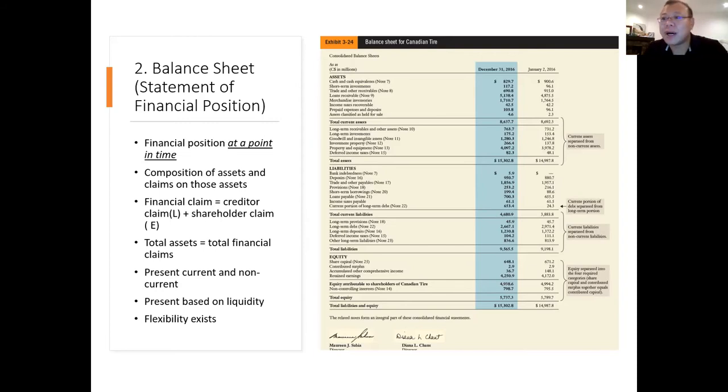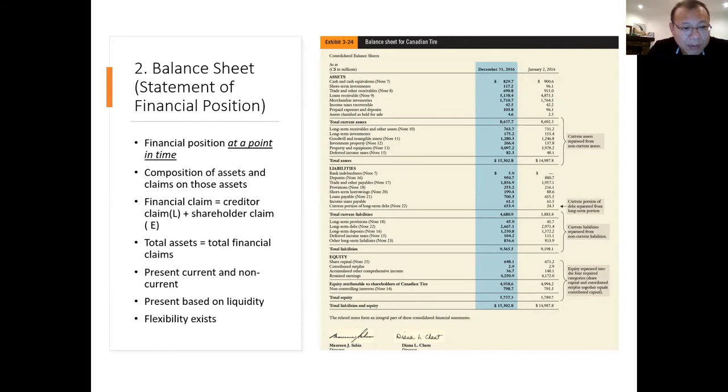So you need to pay your CRA; the income tax payables are a current liability. And also the long-term debt has a current portion.